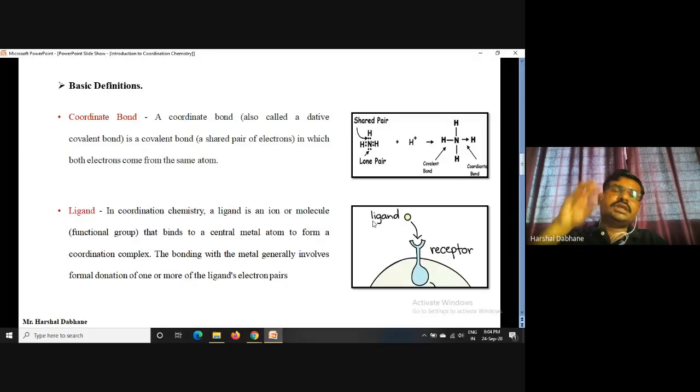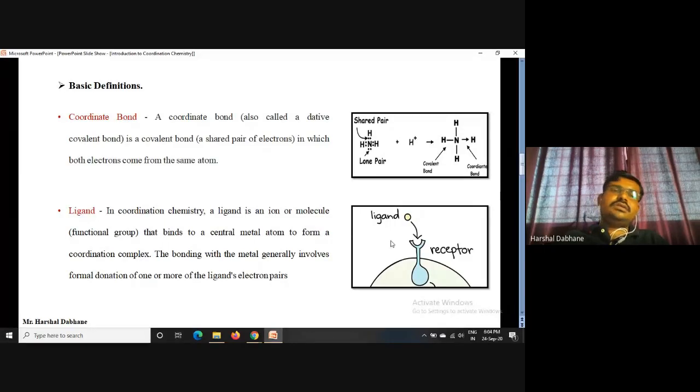That electron pair will fit into the vacant orbitals of the metal, and that's why a covalent bond forms between the metal and the ligand. In this diagram, this is the electron density of the ligand, and it fits into the vacant orbital of the metal, and due to that a coordinate bond forms between the ligand and the metal.